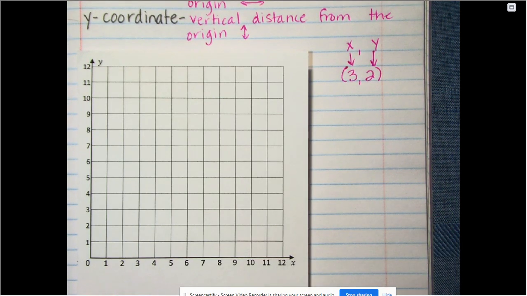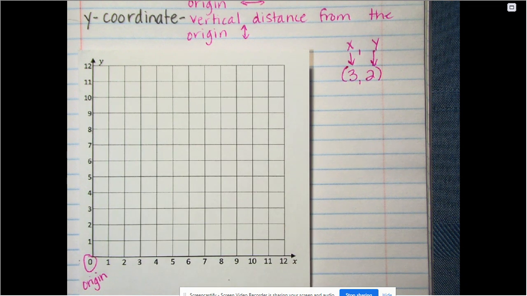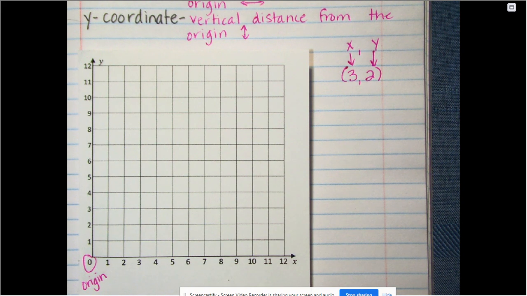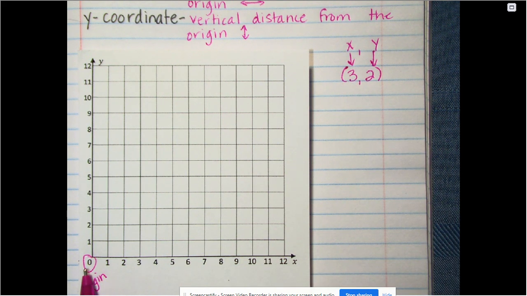So down here, this is what we call the origin, and that's 0, 0, because it's 0 away from the corner in the x-axis, and it's also 0 away from the corner in the y-axis. So based on what we know, we're going to show 3 first. I'm going to start at the origin, and we have to go horizontally first.